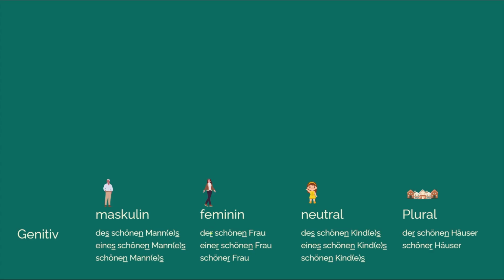And for the feminine, we have an R as the signal ending, and for the plural, we also have an R for the signal ending. And the adjectives, let's take a look again, they again get an N all the way, just like the dative adjectives. So we can extend the rule now. Dative adjectives as well as genitive adjectives always get an N as long as they're used with an article, which we will have most of the time.